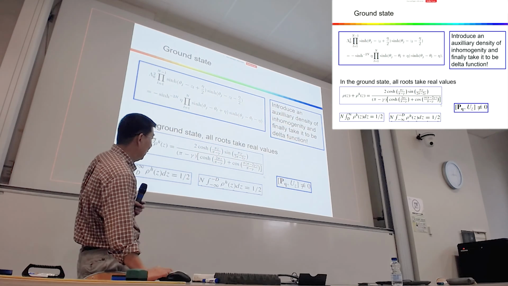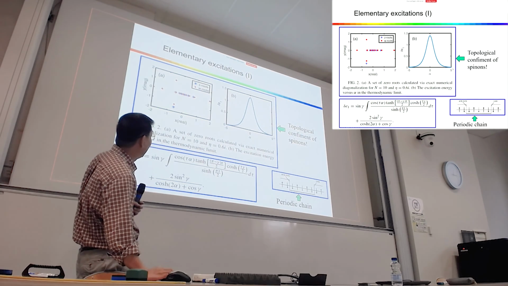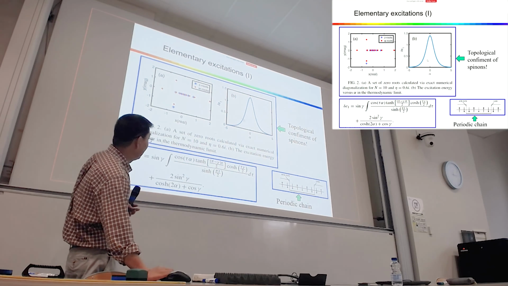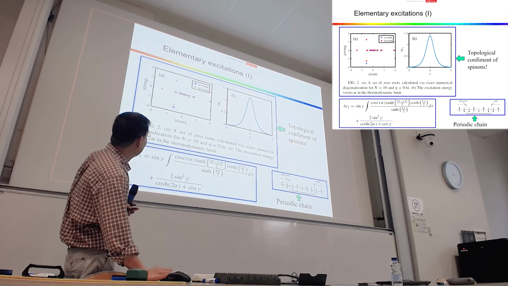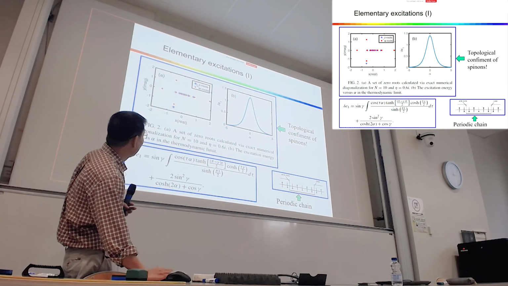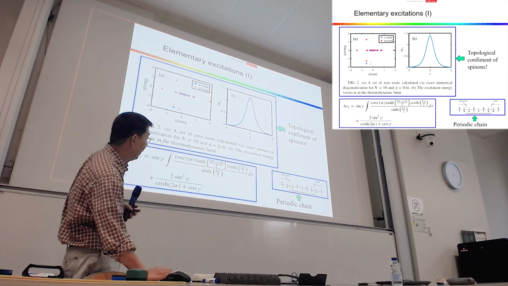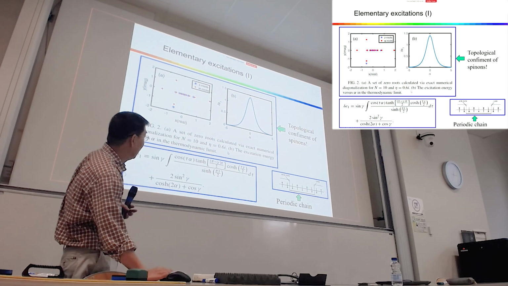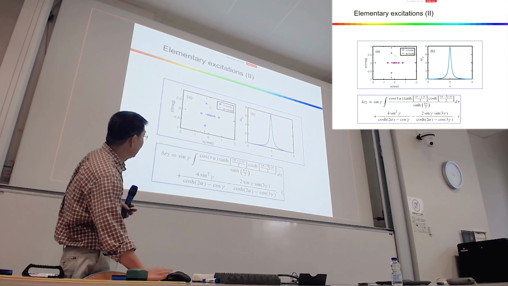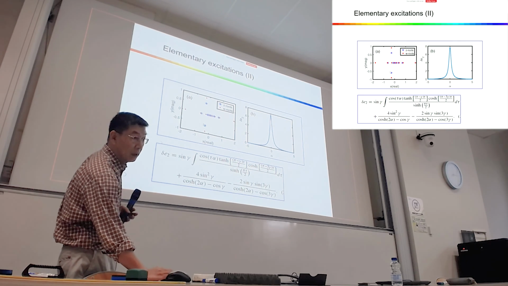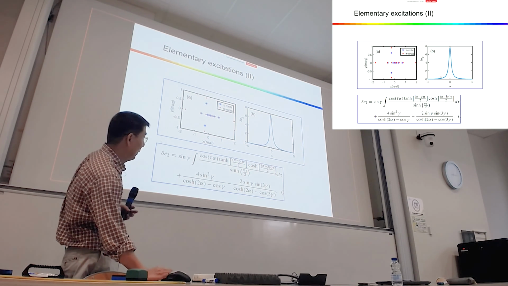Okay, so here are some kinds of excitations. The first one is from the real axis. The star is zeros. We take one from the real axis to the half pi line, so we get an excitation. And we also can put 2 roots from the real axis into the complex plane, getting a conjugate pair here.